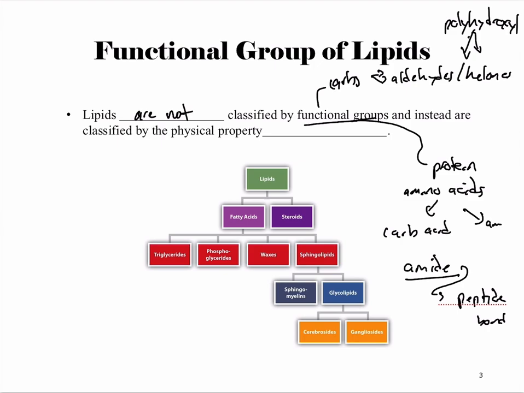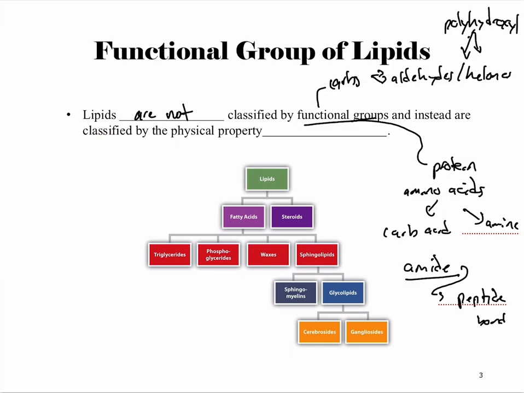An ester would be an alcohol and a carboxylic acid, and an amide is an amine and a carboxylic acid, right? Both of those go through hydrolysis or condensation reactions that involve water. In one you're protonating an OH group, in another an oxygen, and in the other an amine group. Both of those biological molecules were classified by these functional groups. These are the characteristic functional groups of these molecules.